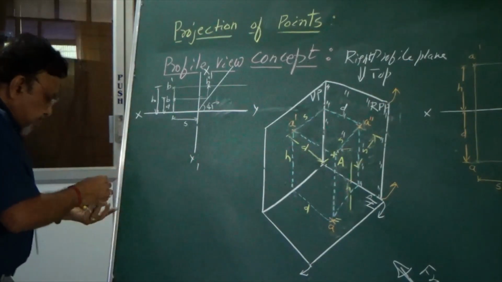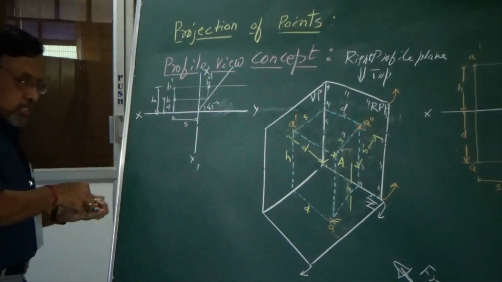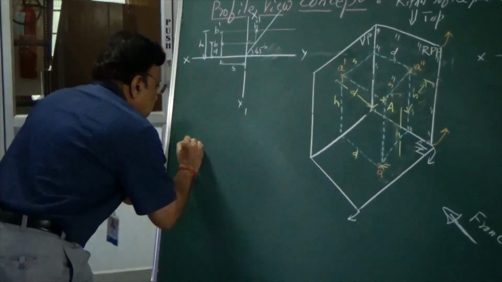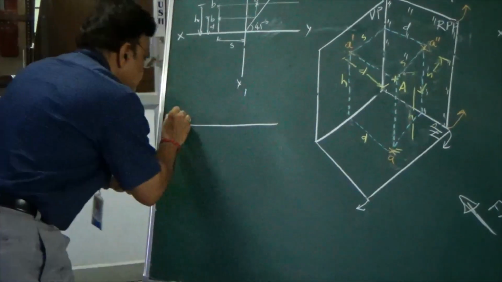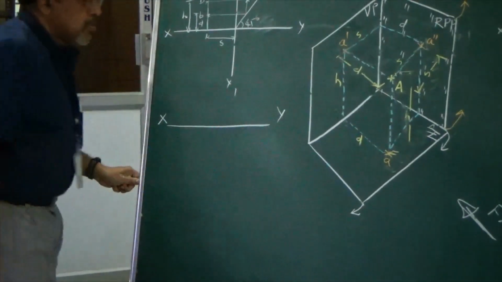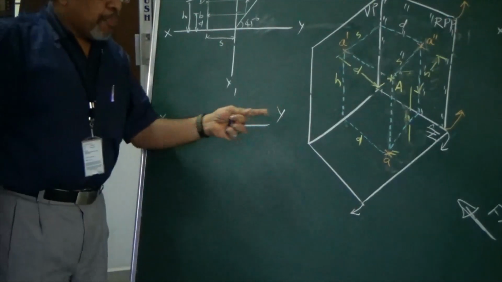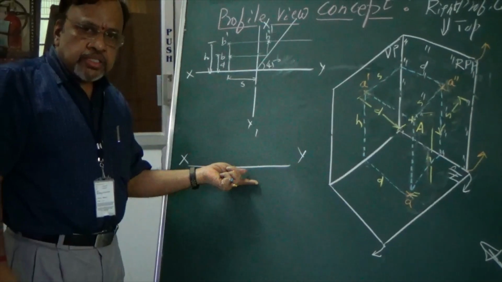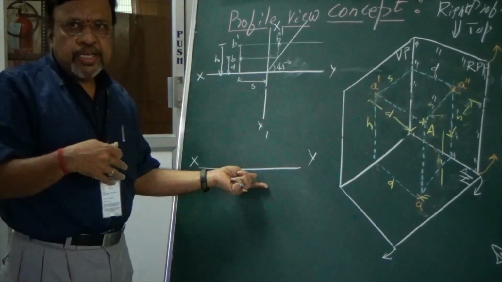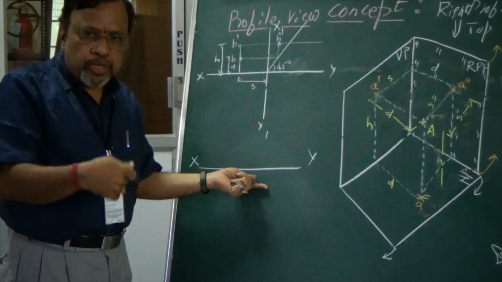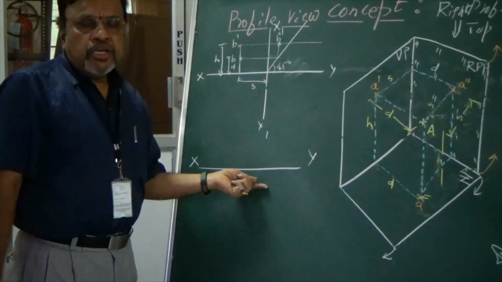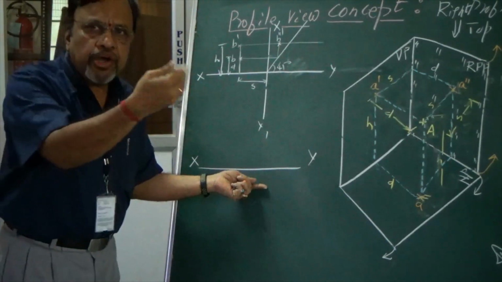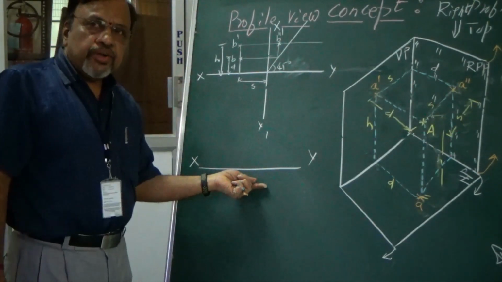Now let us say I want to consider a point in the third quadrant. I will draw the XY line. We know that if the point is in the third quadrant, say some point C, then C is below HP and behind VP. Since the point C is below HP, where do you get your front view?